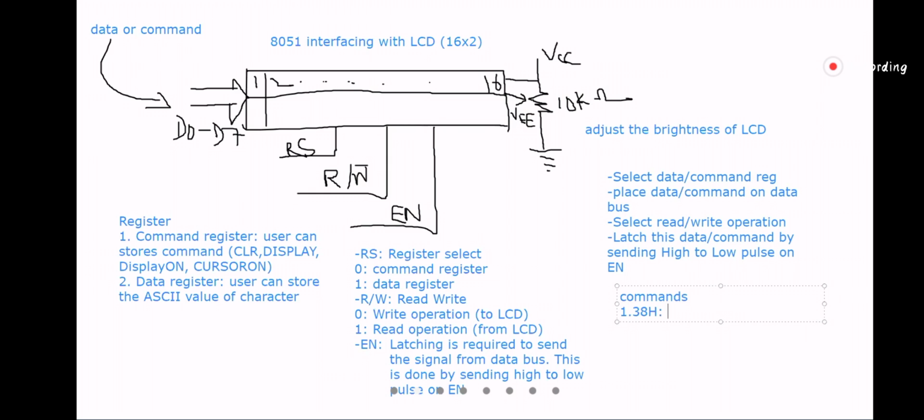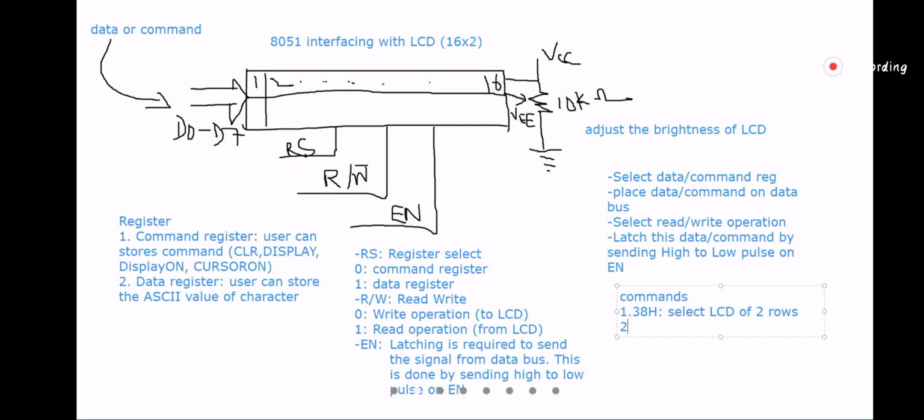When you check the accumulator and see 38H, that means we are selecting 2 rows of the LCD.